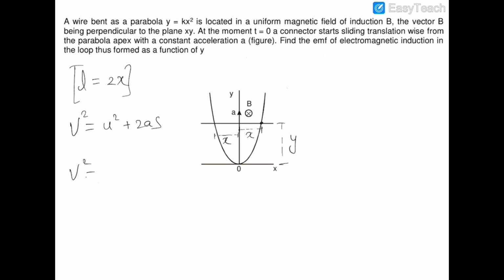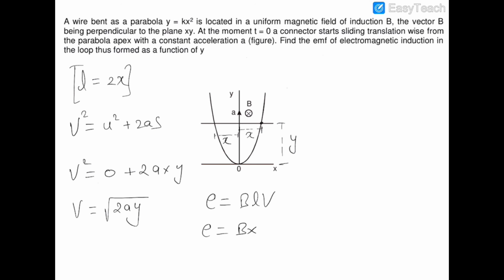Now v square is equal to u square, which is 0 as the initial velocity was 0, plus 2 times the acceleration a and the y coordinate y, so v will be equal to root of 2ay. So the induced EMF is BLV. So E will be equal to B, the length of the rod 2x, and its velocity v. So E will be equal to B into 2x into under root 2ay.